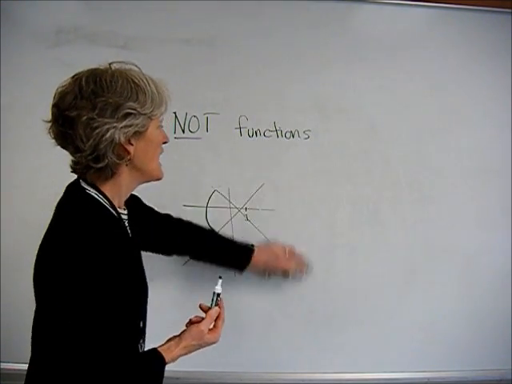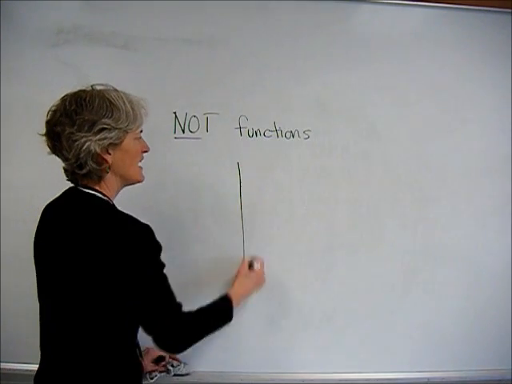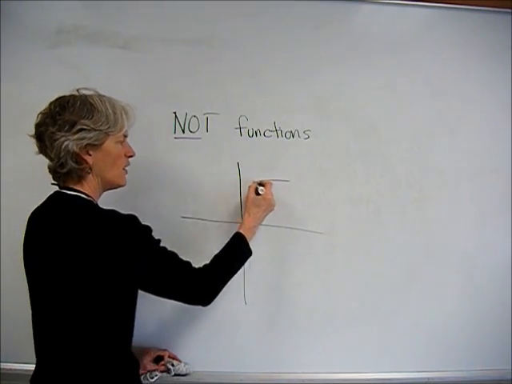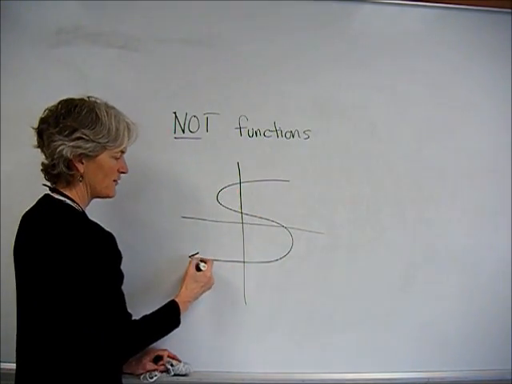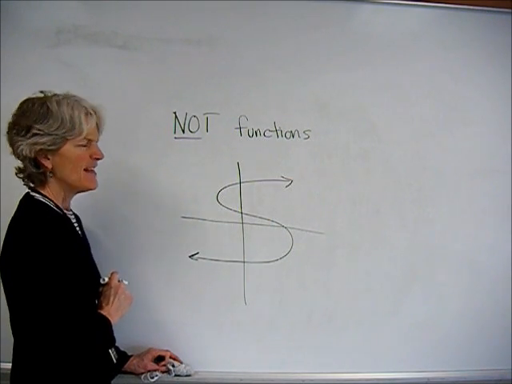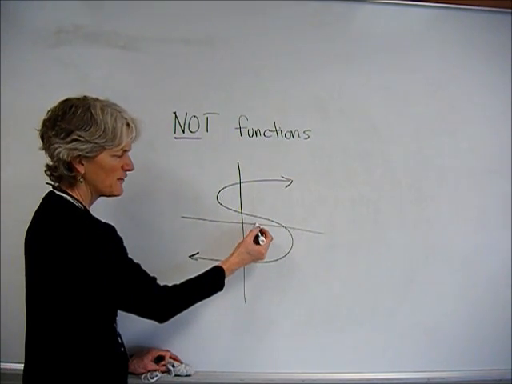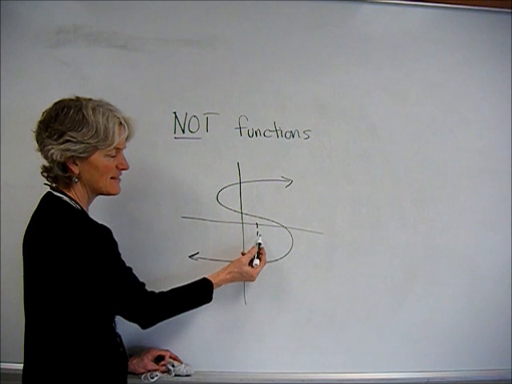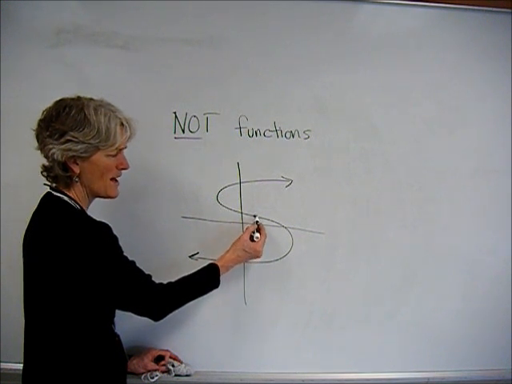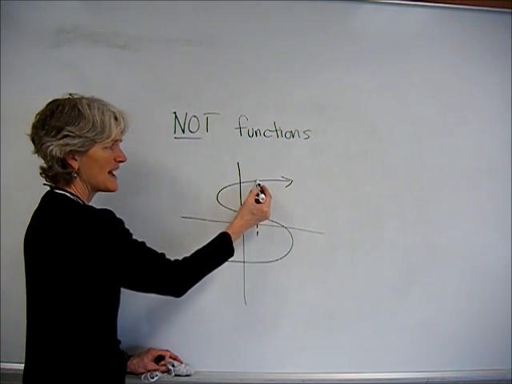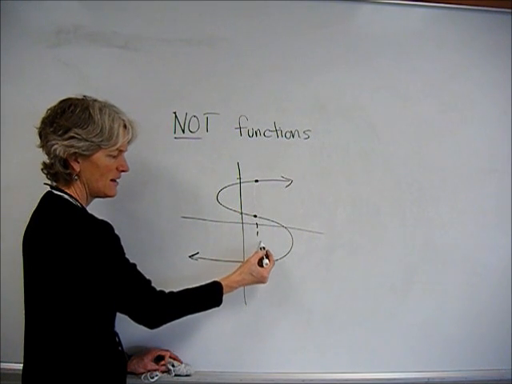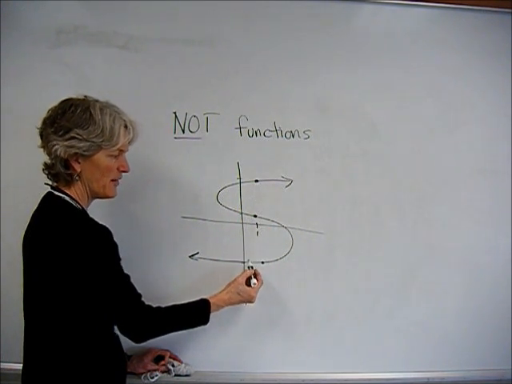What else would not be a function? I guess anything that crosses over itself. Woo! That's a fun-looking thing. That would not be a function. Look, if I plug in x equals 1, it has a y value right there, another y value right there, and another y value down there.